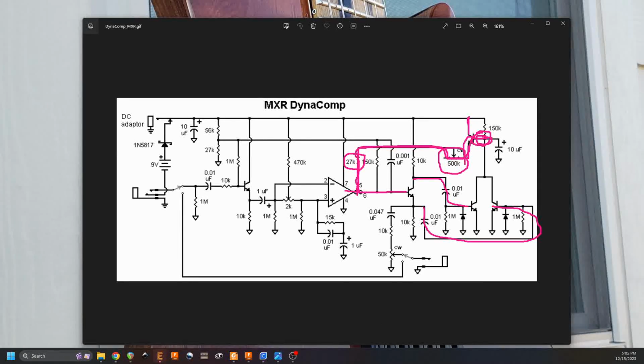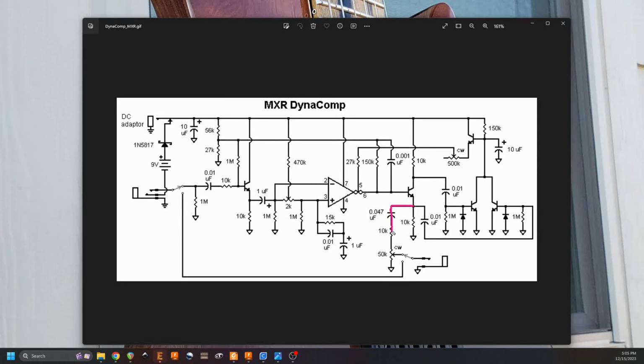And the last part of the signal path that we have is actually for the output, because you'll notice that after our OTA stage, off of our transistor here, we're also taking the signal off the emitter, so unity gain, and we've got a DC blocking cap.